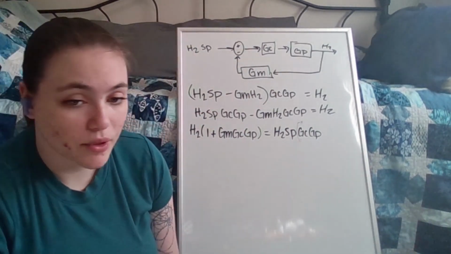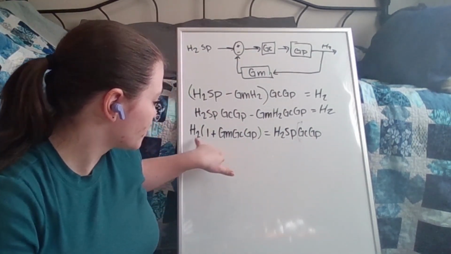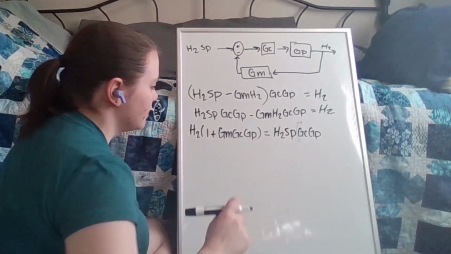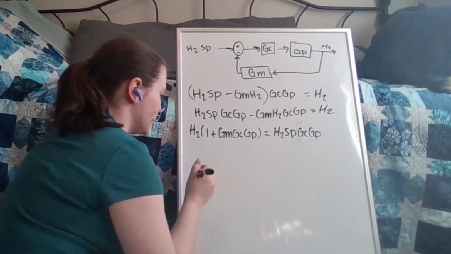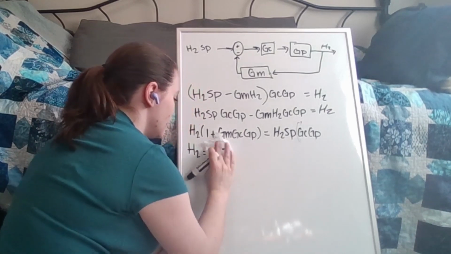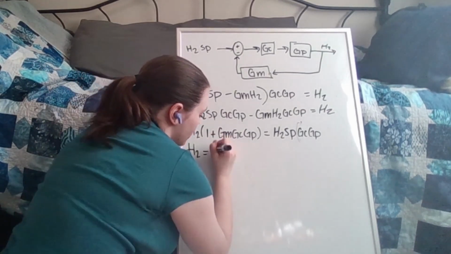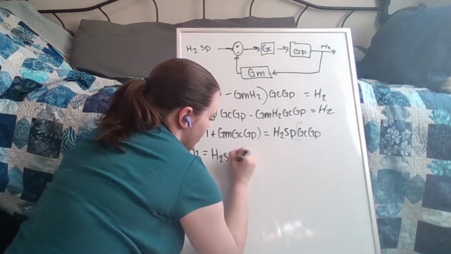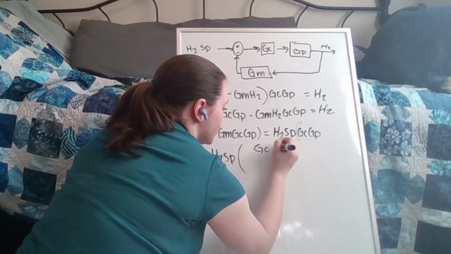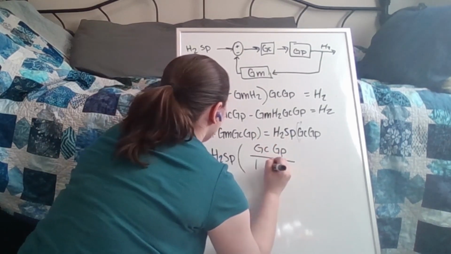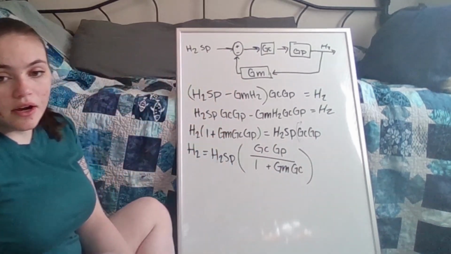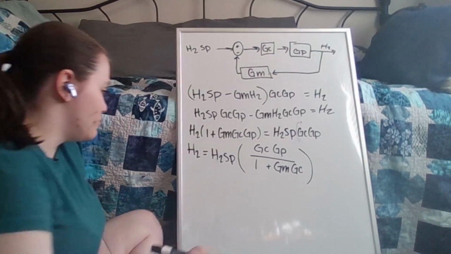And so from there, because we're looking for H2, we're going to divide that over, and we'll pull out our H2SP to make our life a little easier. So our H2 is equal to our H2SP, and in parentheses, we have our GC GP over 1 plus GM GC GP.